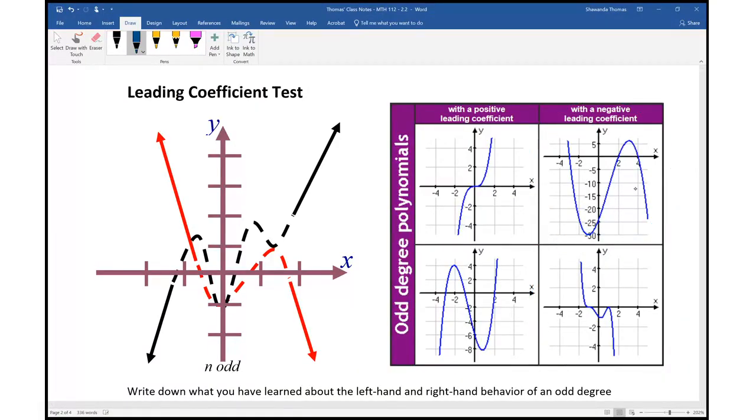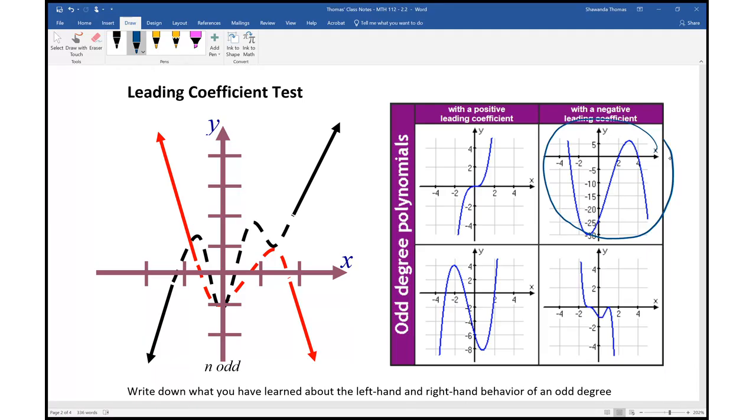So, whereas if the leading coefficient was positive, the right side is going up. But if the leading coefficient is negative, the right side is going down. And if the leading coefficient is positive, the left side is going down. Whereas if the leading coefficient is negative, the left side is going up.